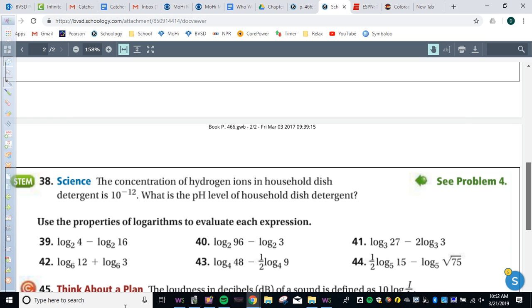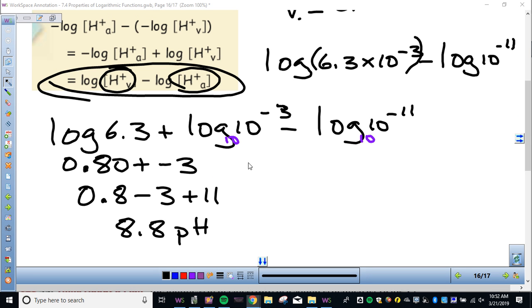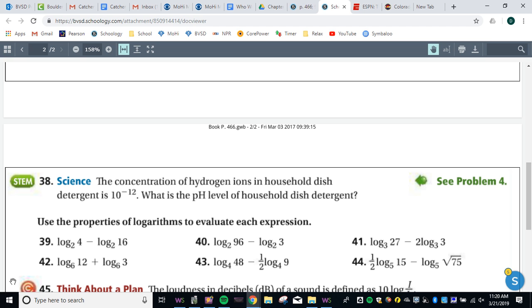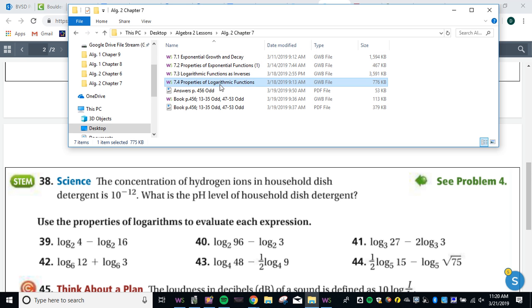So, let's do that. This is set up not to go to sleep, so it should be good. Properties of logs.